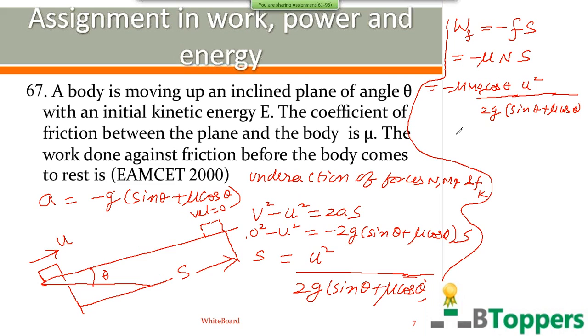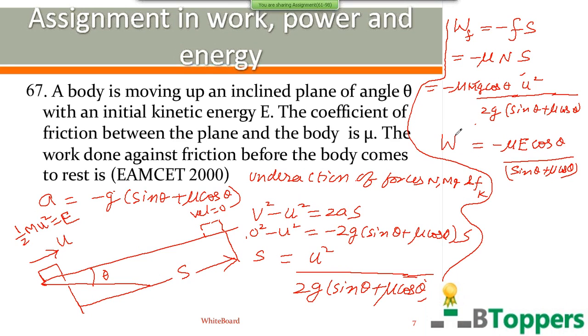So in the work done, half m u square is equal to the initial kinetic energy denoted by E. So you can substitute half m u square equal to E. Therefore, work done is minus nu E cos theta by (sine theta plus nu cos theta).